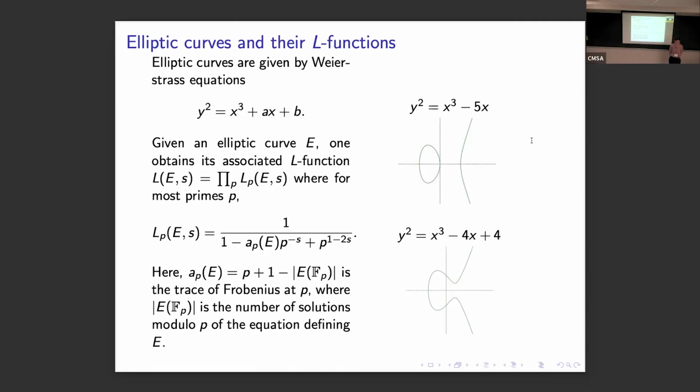Obviously, we cannot input an infinite sequence in a computer, but there are theorems that tell us that we don't really have to. A finite number of these traces of Frobenius will determine all others, but to be able to predict the next one, if you're not assuming anything like the generalized Riemann hypothesis, you might need a lot of these a_p values.